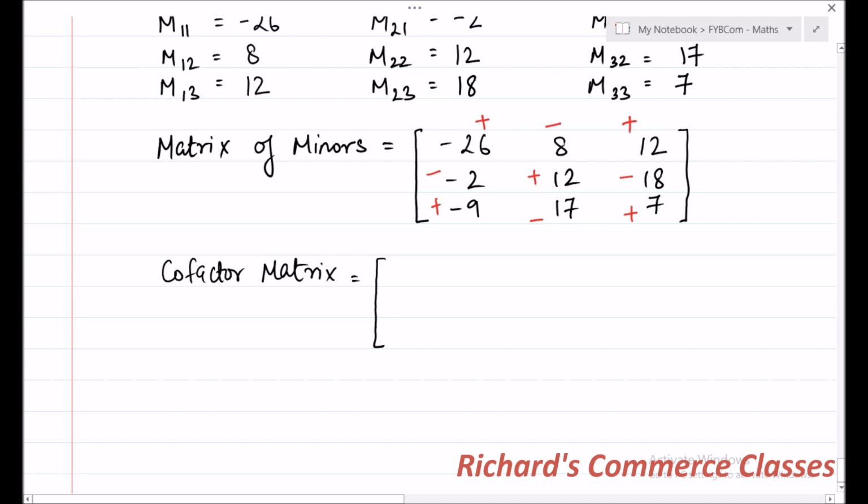So changing the signs, plus into minus remains minus 26. This will become minus 8, plus 12, minus 18, plus 7, minus 17. Plus into minus is minus 9, minus into minus is plus 2 and 12.